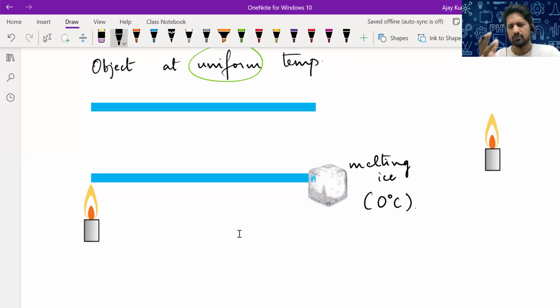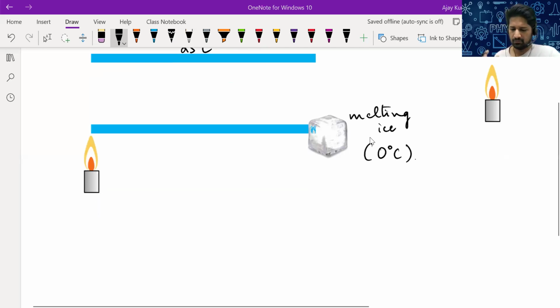Fine. We assume the object was initially at room temperature. Let's say room temperature is 25 degrees C. So the temperature everywhere in this object is 25 degrees C initially. Now, we put a flame on one side and melting ice on the other side. Melting ice is at 0 degrees.